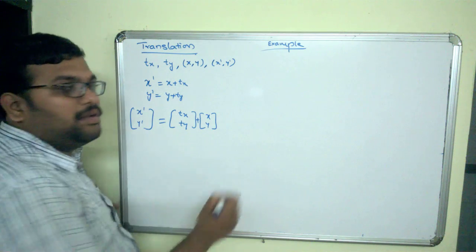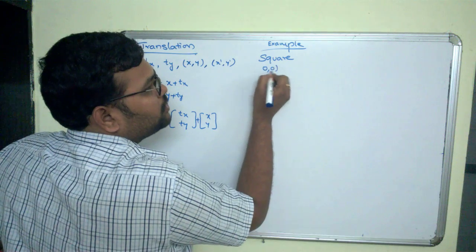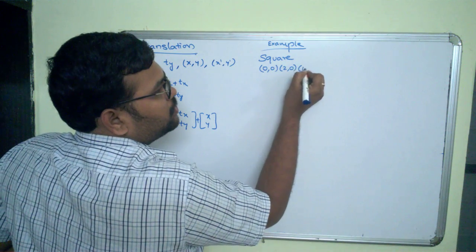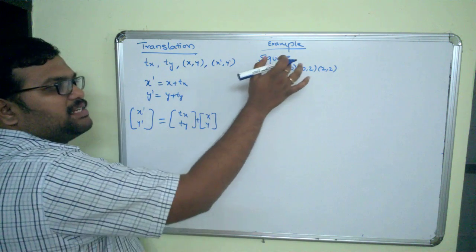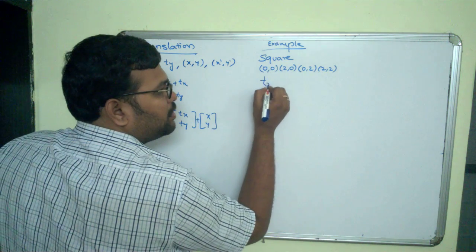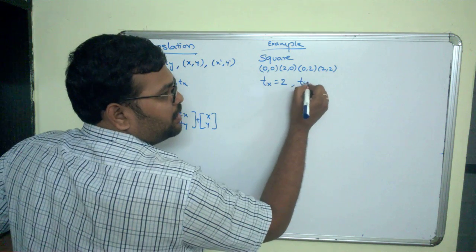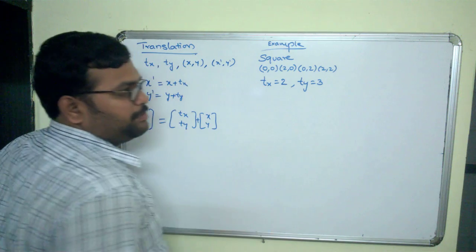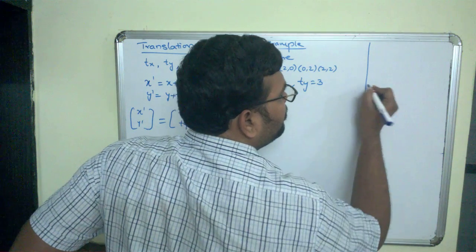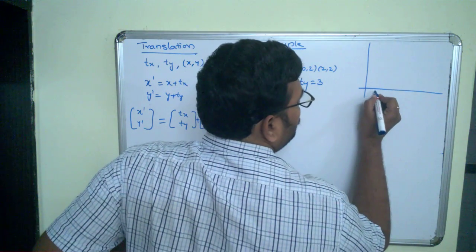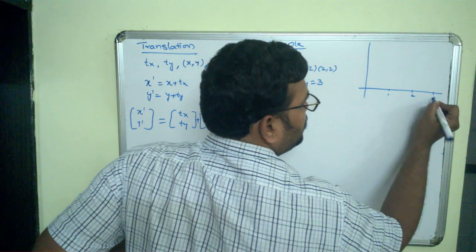Now let us take an example. Consider a square with coordinates (0, 0), (2, 0), (0, 2), (2, 2). We have to translate this square with translation parameters, 2 units with respect to the x-axis and 3 units with respect to the y-axis. Let us draw the square before performing the translation.